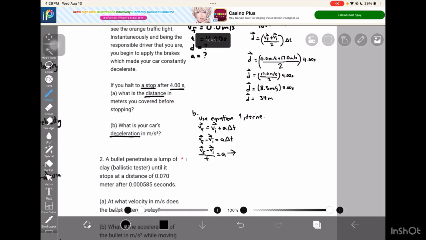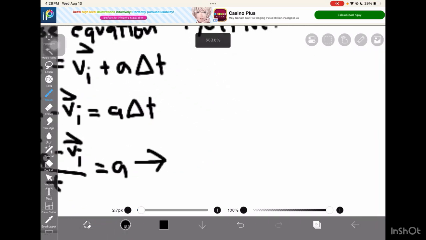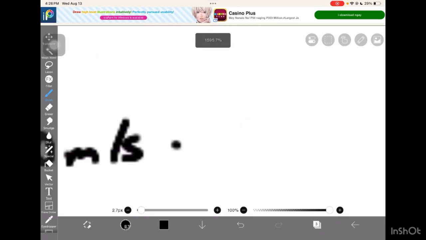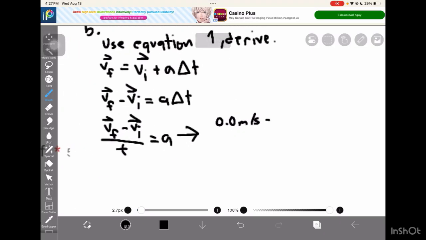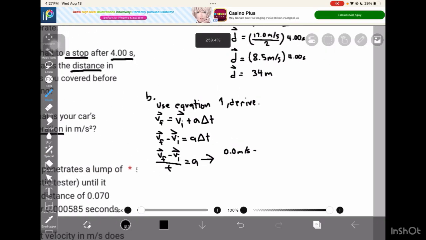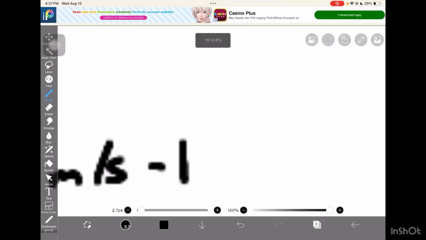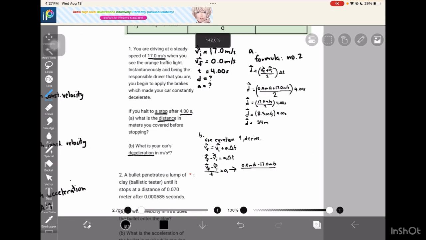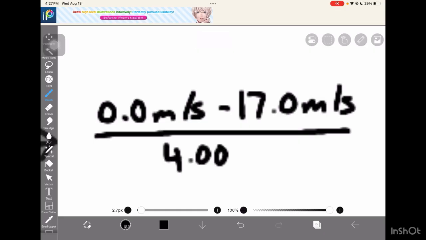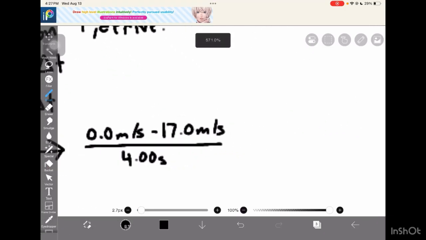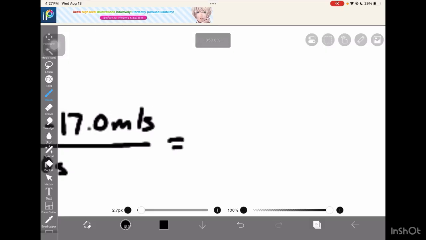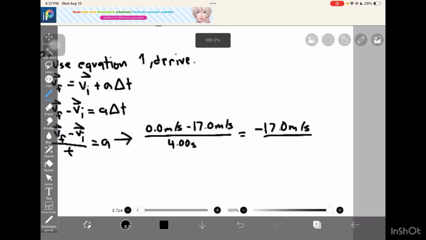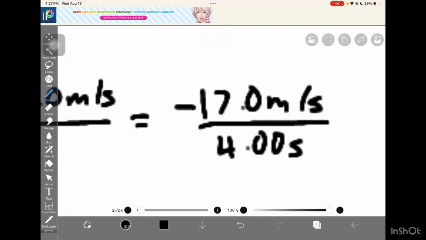We got v sub f, which is final 0.0 meters per second, minus v sub i, 17.0 meters per second, all over time, which is 4.00 seconds. And then we get negative 17.0 meters per second all over 4.00 seconds.